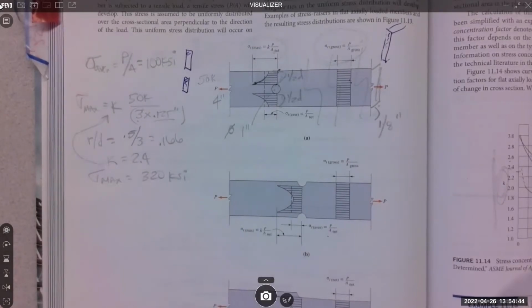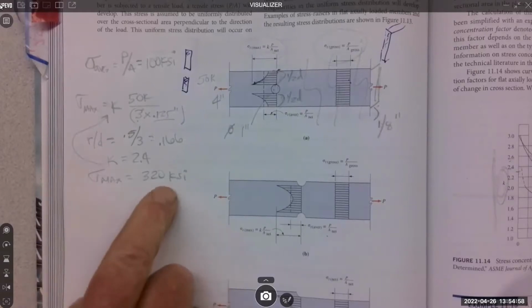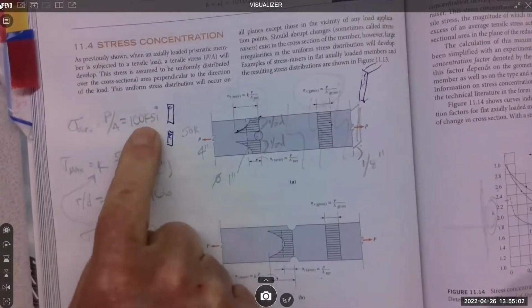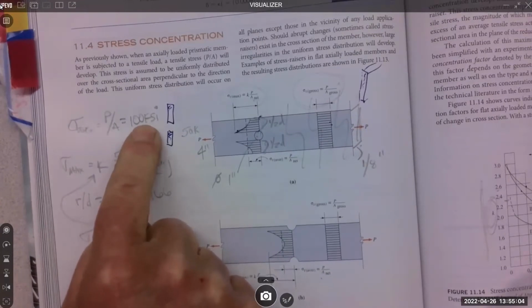Is that what you got? 320, if you calculated it? Way higher, right? What did we get for the average? 100? Yeah.